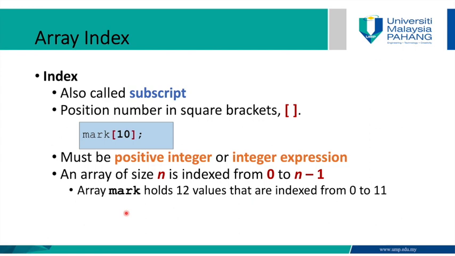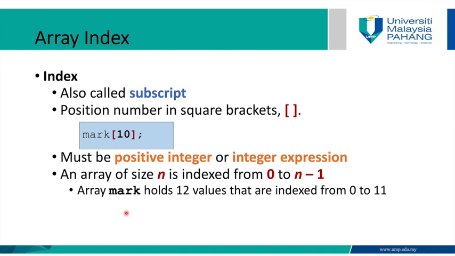Let's take a deeper look at how we can work with the index. We also call the index a subscript. So when you encounter someone using subscript, they are also referring to the index if you are working with an array.